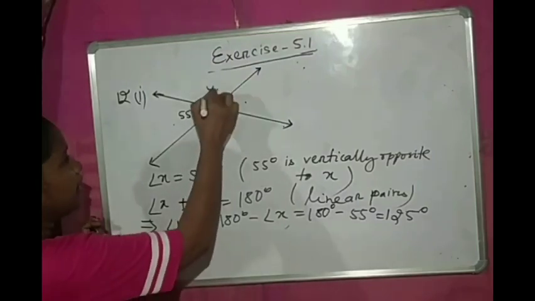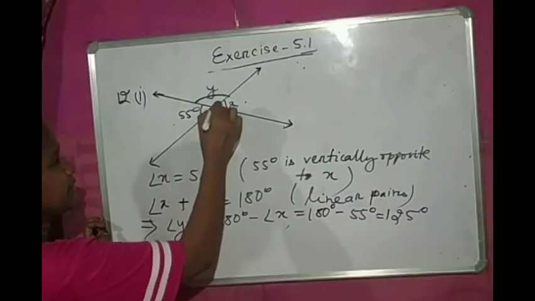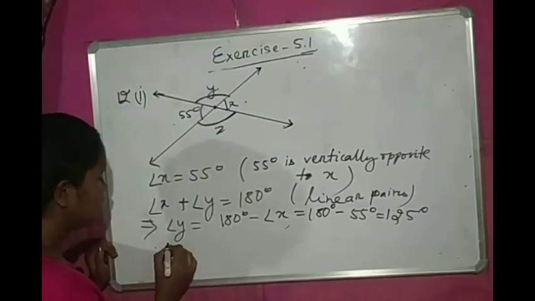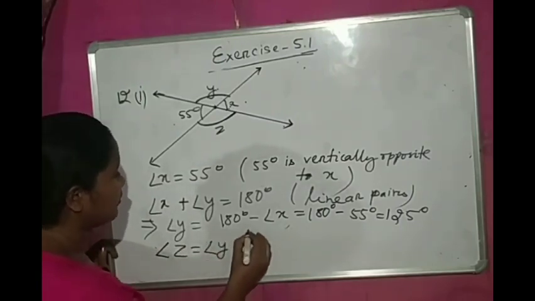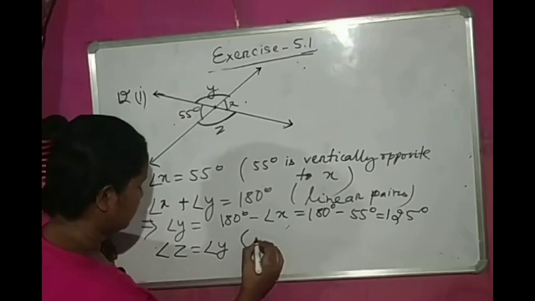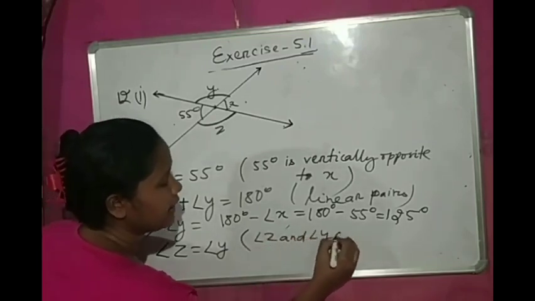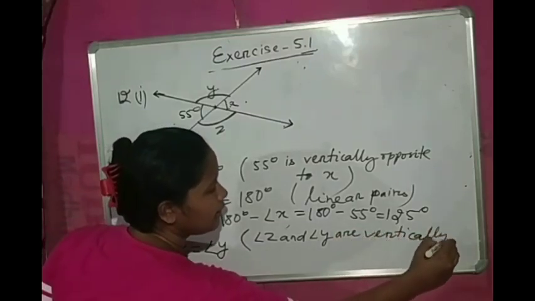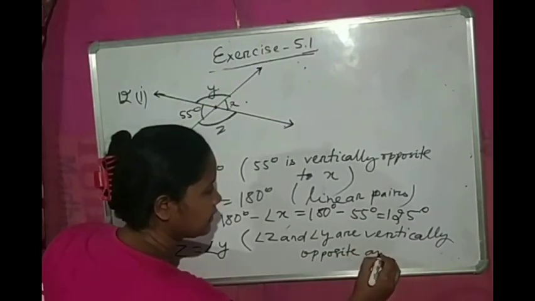Next, y is vertically opposite to z, because these two lines are intersecting at this point and forming vertically opposite angles. So angle z equals angle y. Thus angle z and angle y are vertically opposite angles.